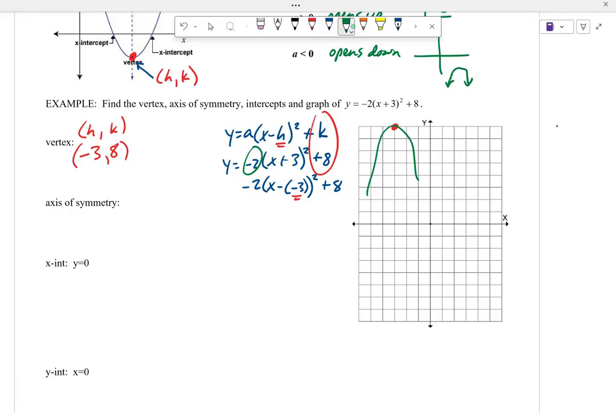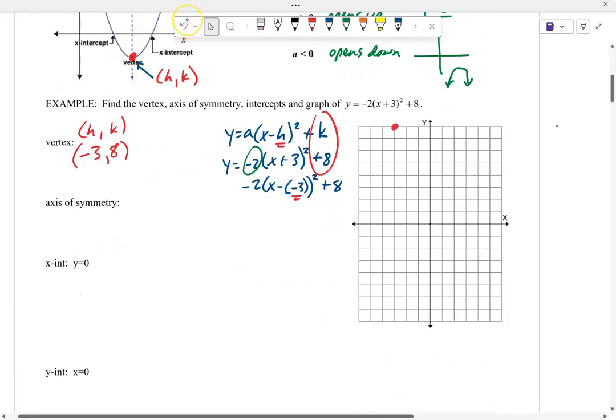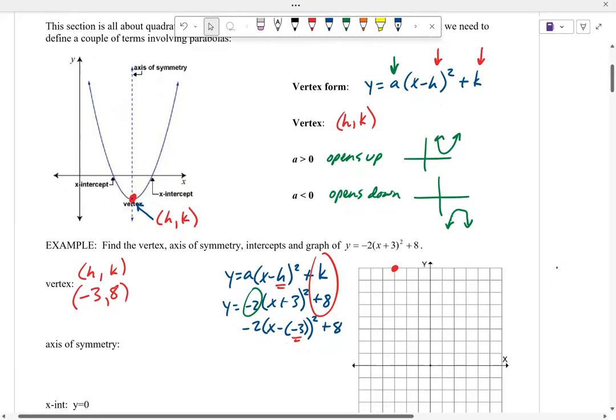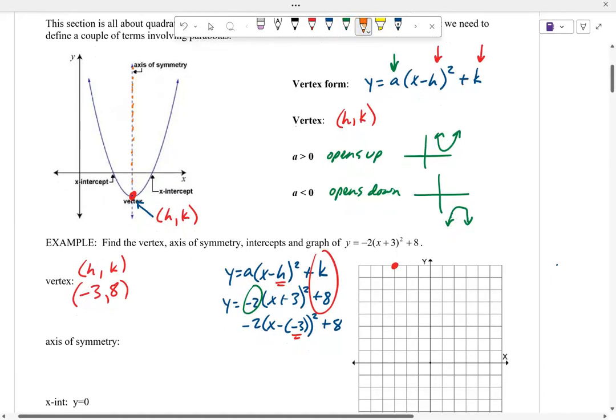But let's go ahead and find our axis of symmetry. Now I haven't actually talked about the axis of symmetry yet, so let me come back up here. Our axis of symmetry is the line that goes right through the vertex. The equation of that is x equals h when it's in vertex form. It's the imaginary line through the vertex about which the graph is reflective.